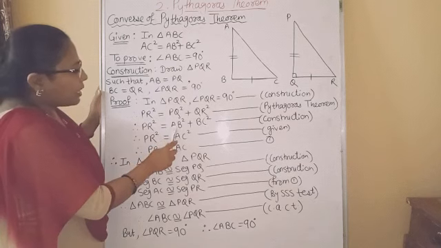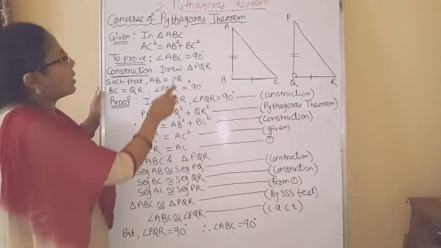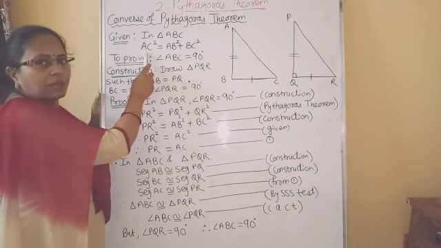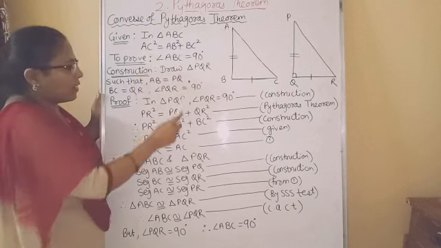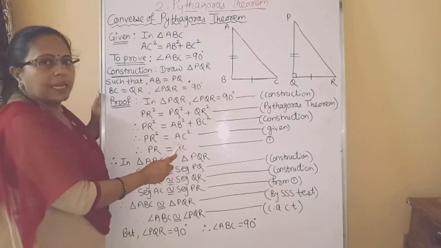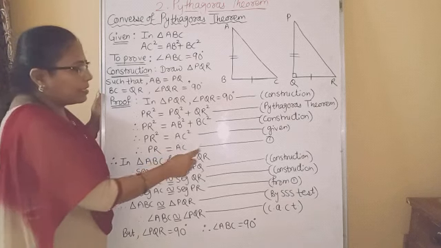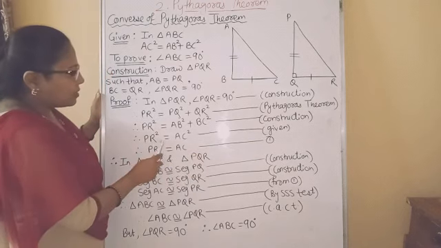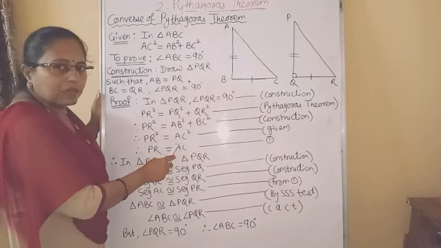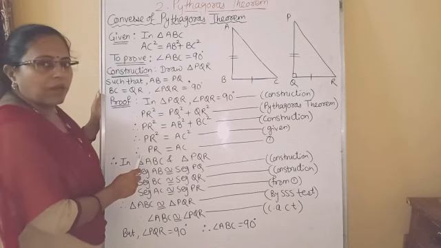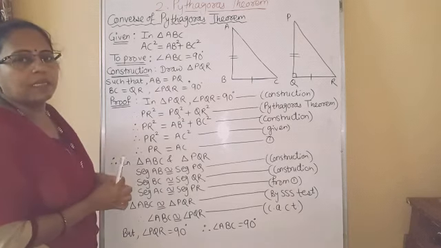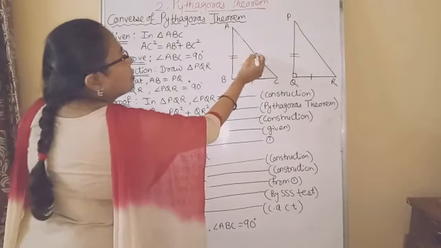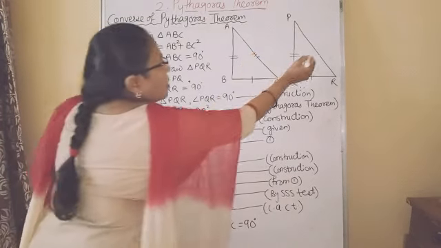But here we got AB square plus BC square, and here what is given? AB square plus BC square is equal to AC square. So equal to, we will write AC square, and the reason is given. That means PR square is equal to AC square. So take out square root, we will get PR is equal to AC. See, we got AC and PR equal.